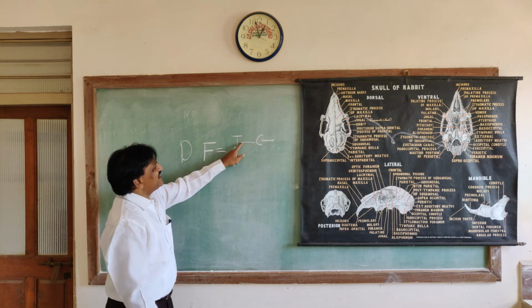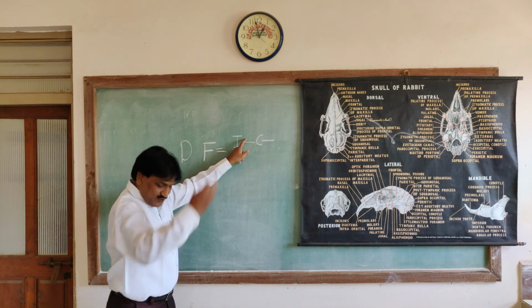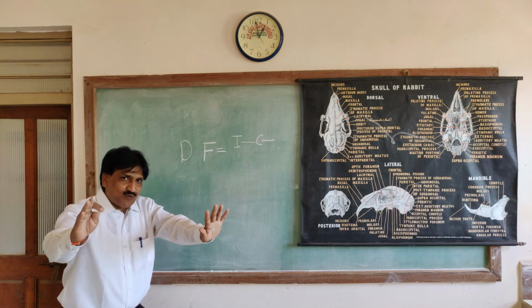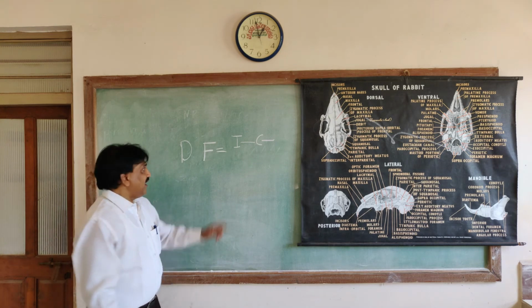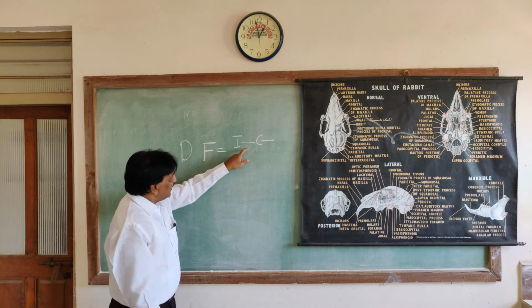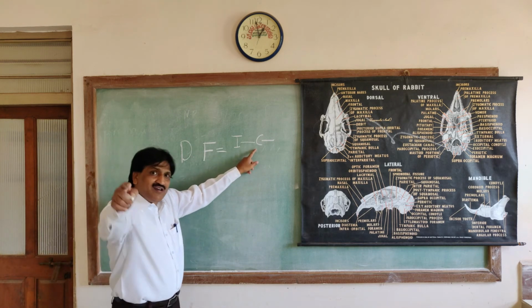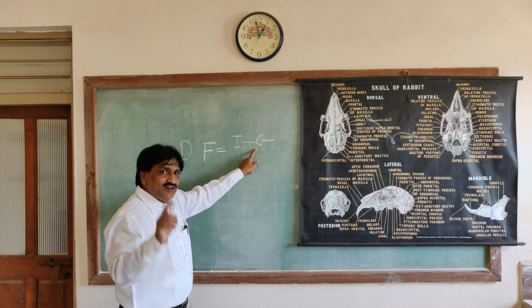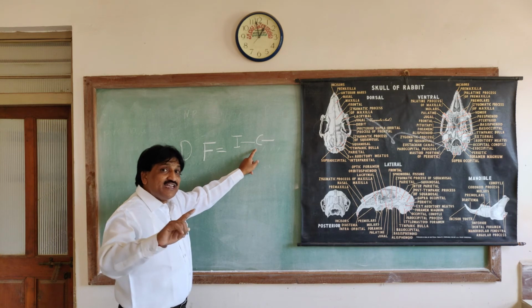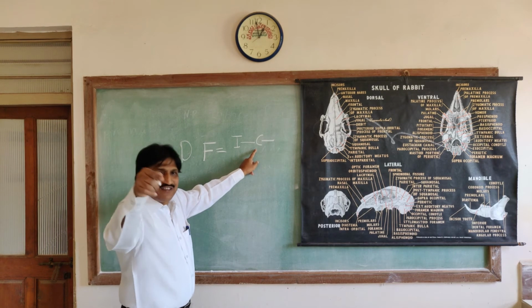This line indicates the upper side and lower side of the jaw bones, upper jaw and the lower jaw. C stands for canine, because mammals are heterodont and thecodont.